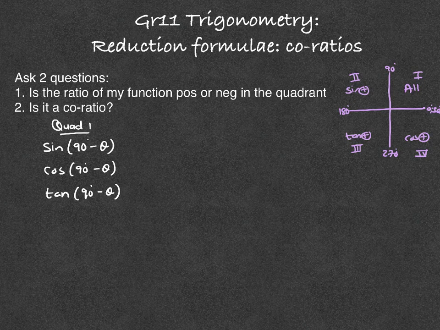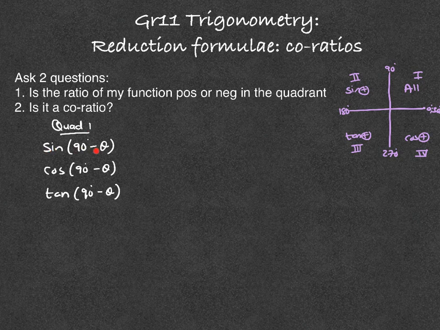In quadrant 1, there are two questions you need to ask yourself. The first question is: is my original function, sine, cos, or tan, positive or negative in the quadrant specified? 90 minus theta in all of these is in quadrant 1.